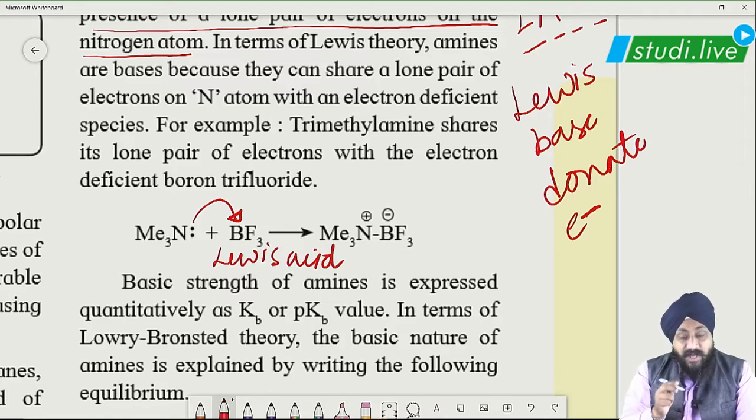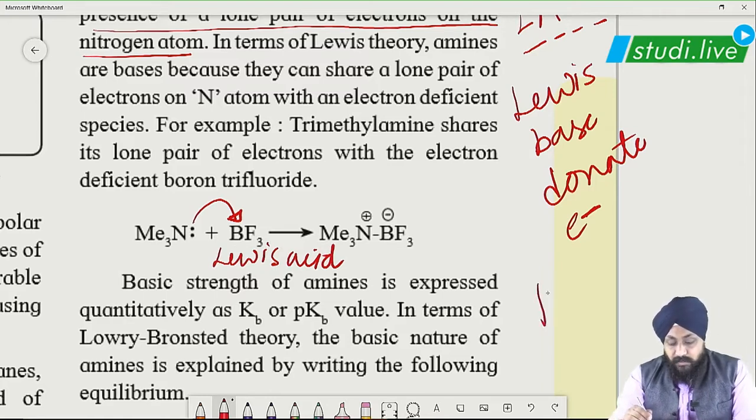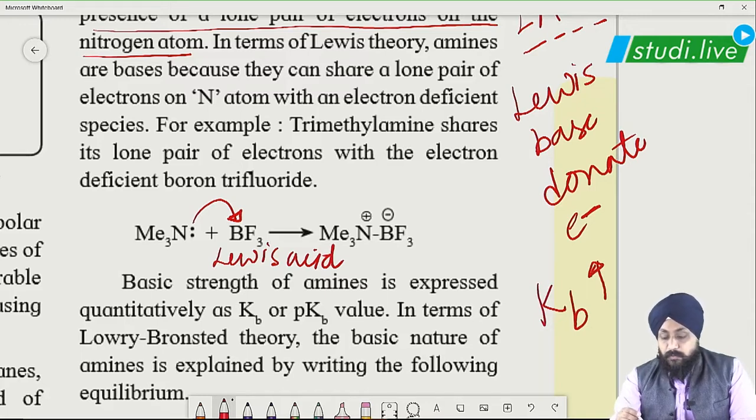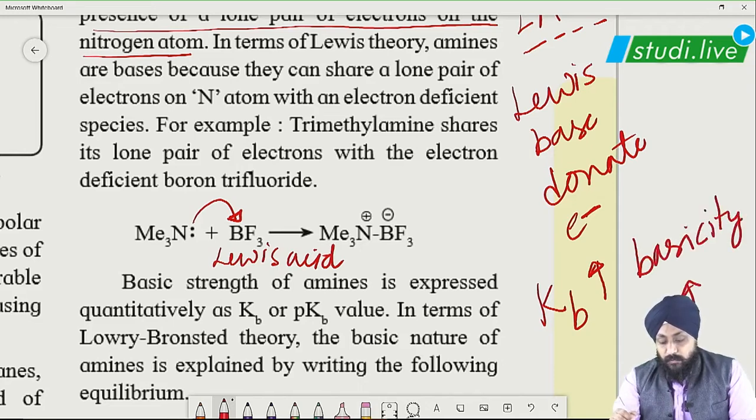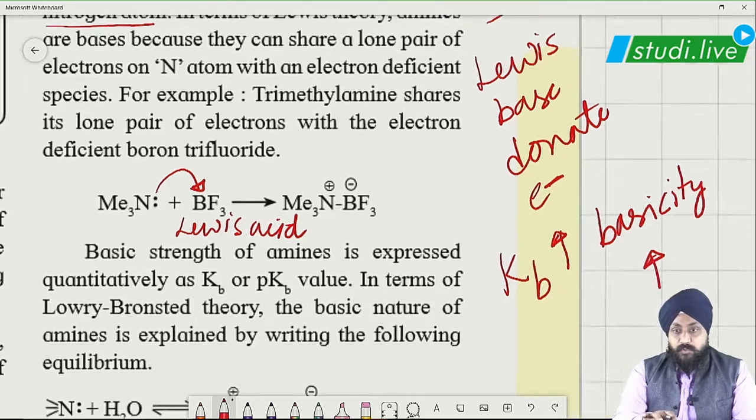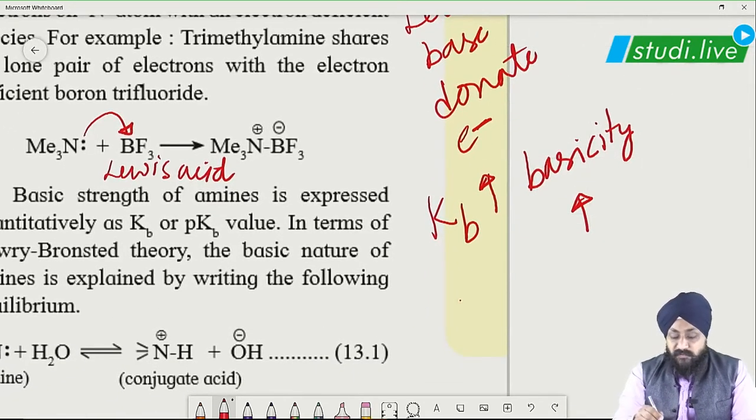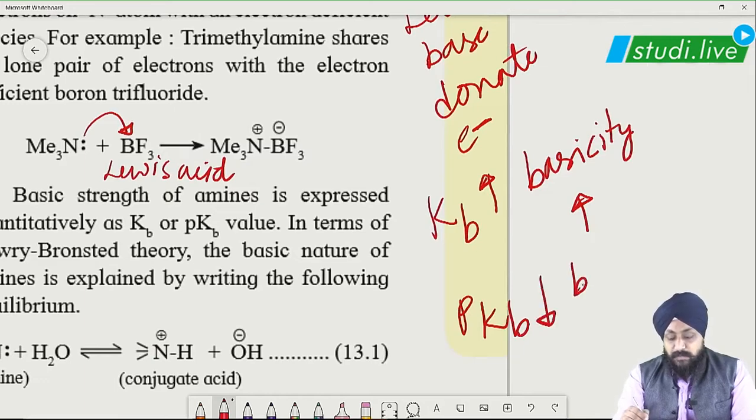Larger the value of Kb, more is the basic strength. Smaller the value of pKb, basicity is going to be more.